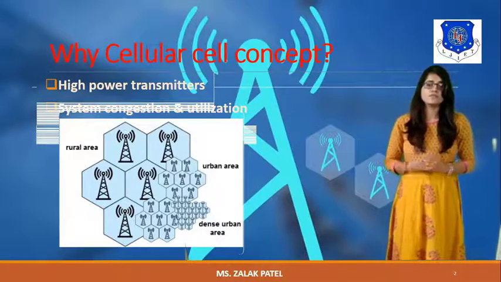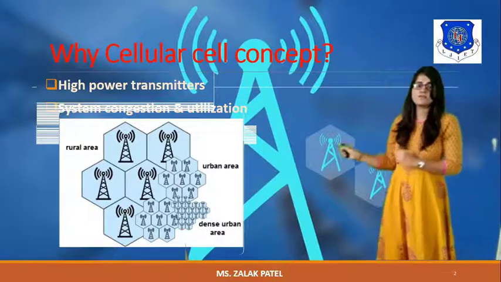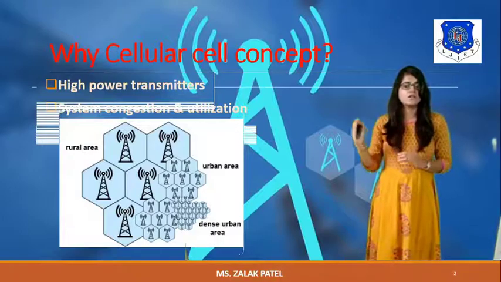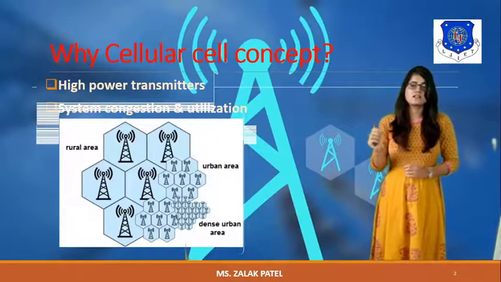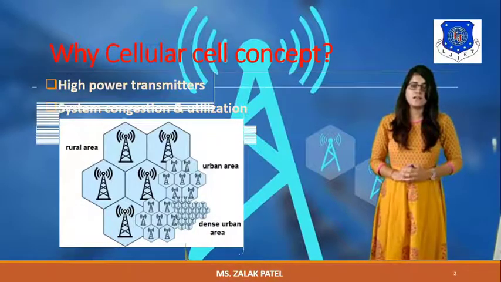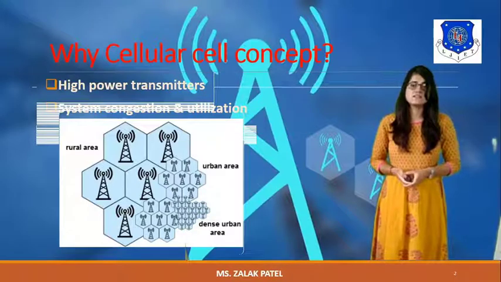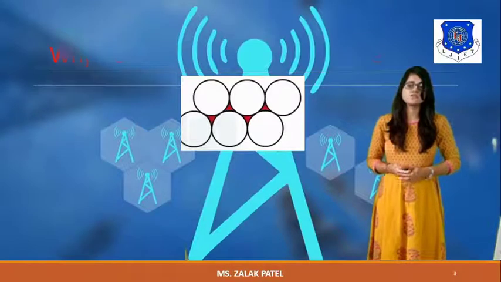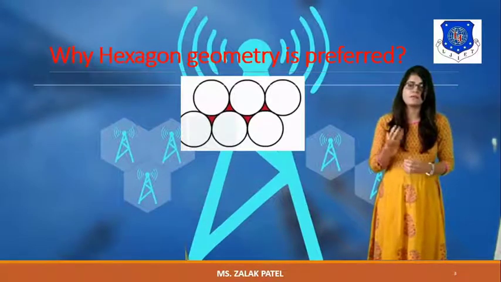So we do one thing: the one large common cell is divided into a number of small cells, and we place each transmitter in an individual cell and create a cellular system. The basic concept of introducing the cellular system is to make system utilization more proper than the older one.